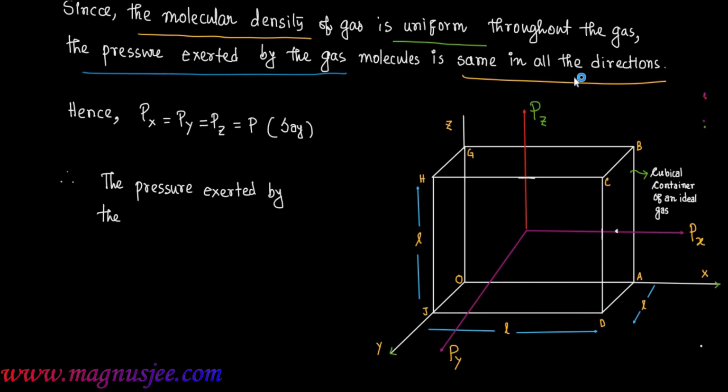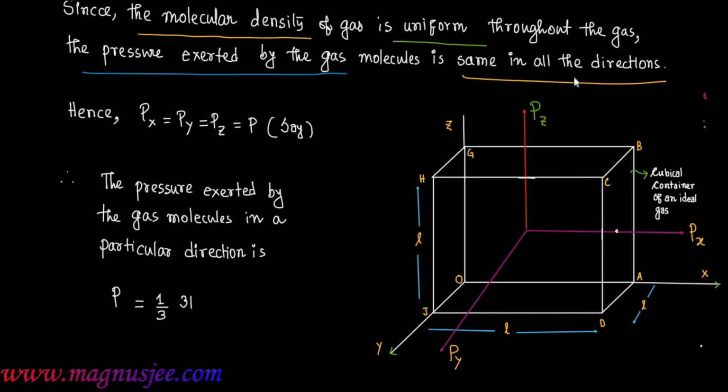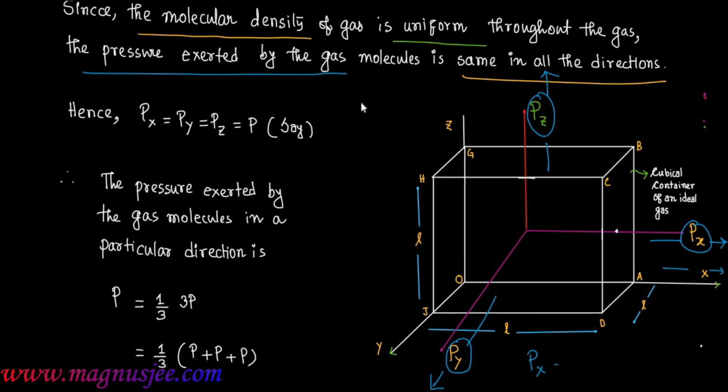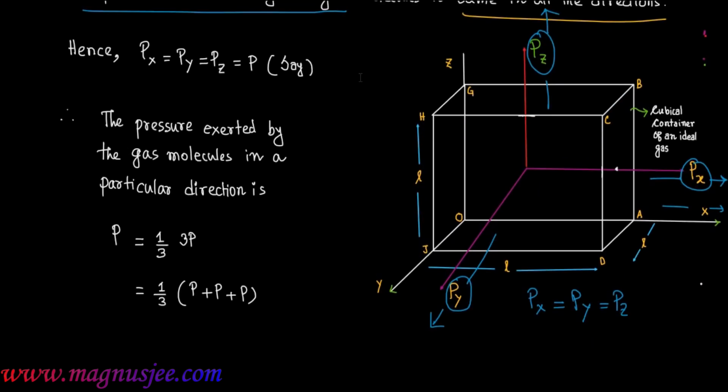Common pressure P, and therefore the pressure exerted by the gas molecules in a particular direction, that means along x-axis or along y-axis or z-axis, is given by P equal one third of P plus P plus P. Here Px is the pressure acting along x-axis, Pz and Py are the pressures acting along z and y-axis, and these pressures are the same.